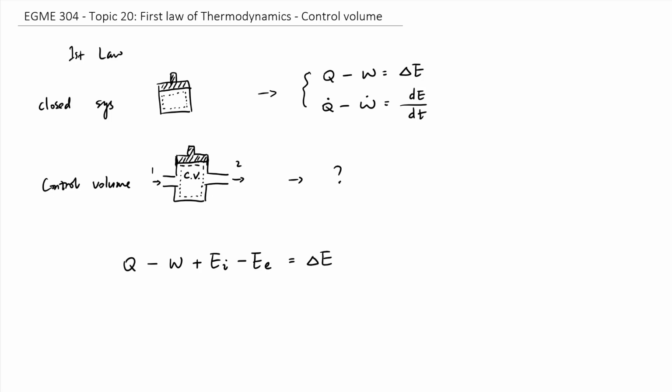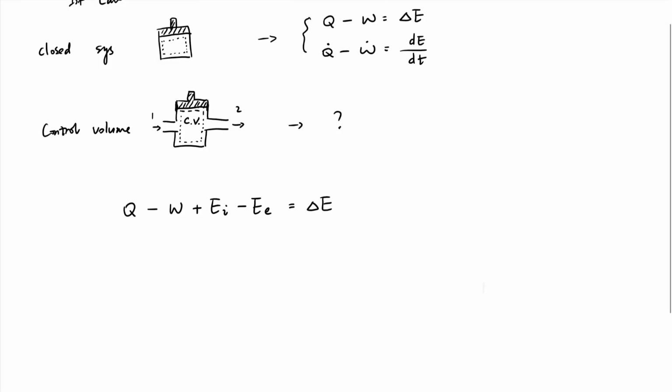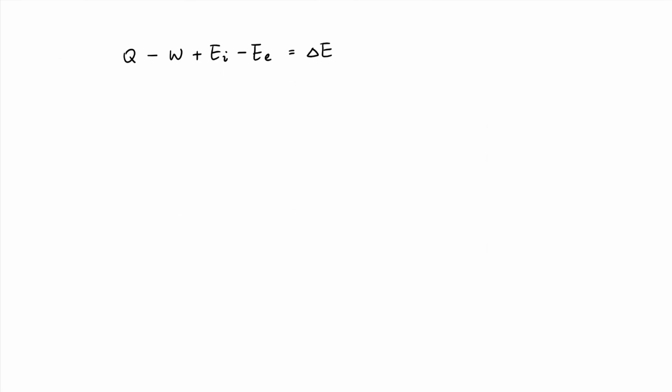So this is pretty much the equation for our control volume, but we're not at the final form of this equation yet. We need to rewrite this equation slightly. So the first thing we do is to rewrite those two big E's. Q minus W plus capital E_I. Capital E stands for total energy, and we know total energy has three components.